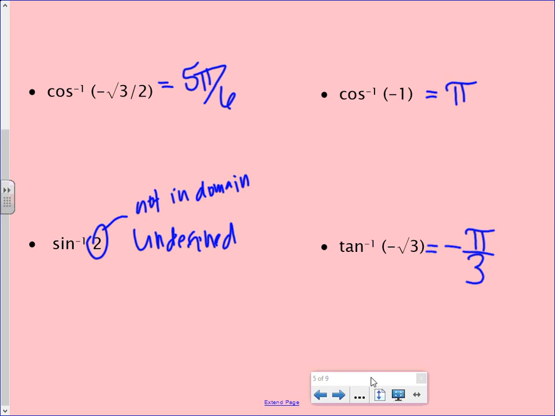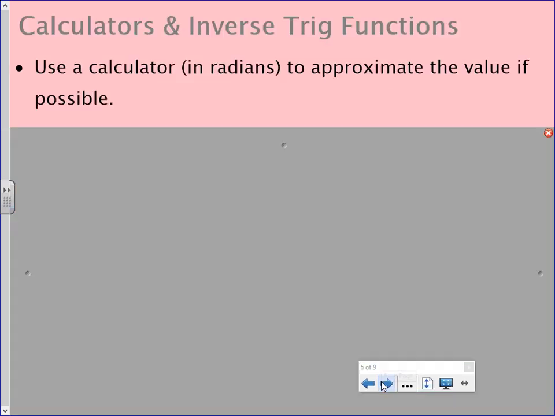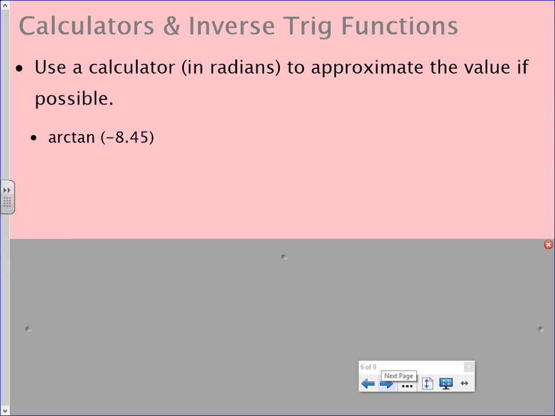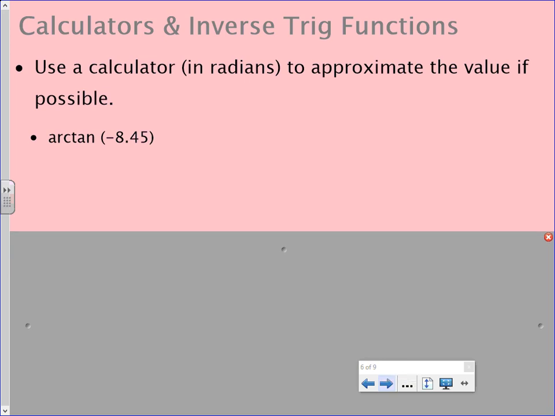With your calculators, we're going to do one example, because I feel like you know how to use your calculators, especially if you did the homework last night. If you see the arctangent of negative 8.45, it does say in radians, so change your mode to radians. I want to know the arctangent of negative 8.45.